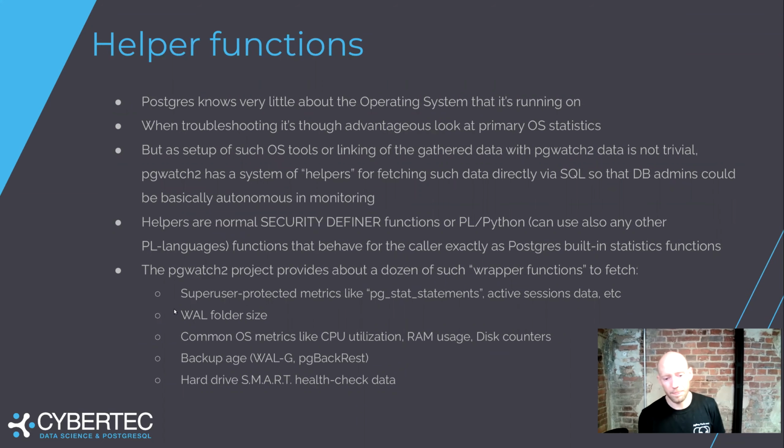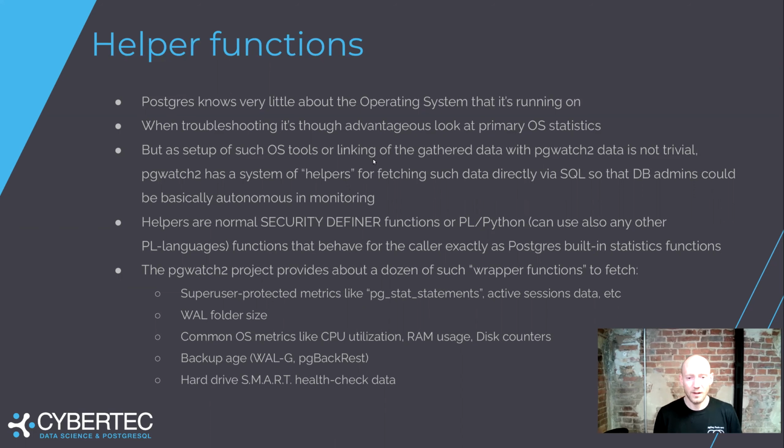Now another big part of metrics gathering in pgwatch2 has to do with the fact that mostly we also want to look at some operating system metrics. The problem is that Postgres does not really know anything about the operating system.